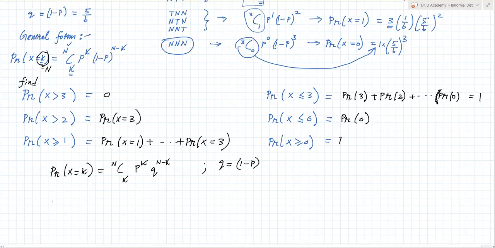Then the next one. This is exact, right? So this is non-exact. If you have probability X greater than or equal to k, then what will happen? You will get the same thing, nCk p^k q^(n minus k), but you have a summation from k to n. Do you understand that or not?